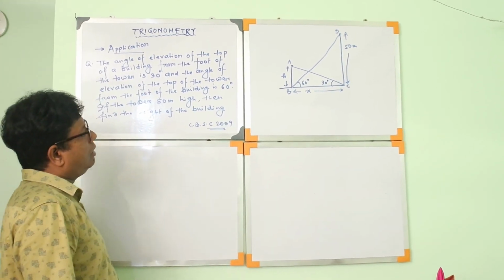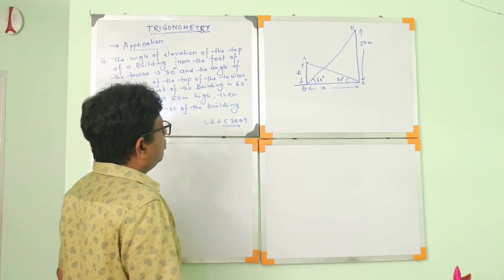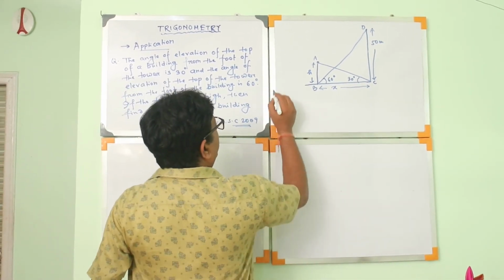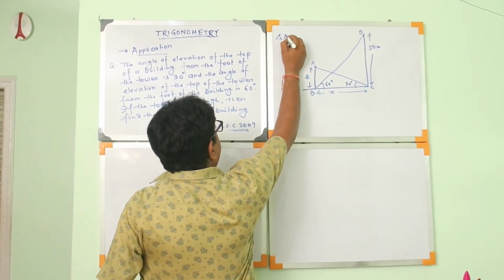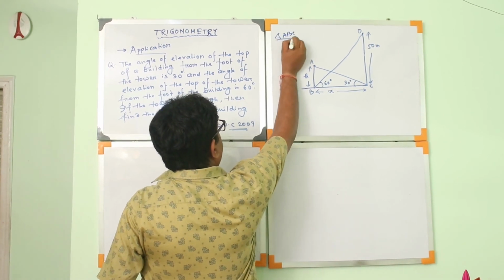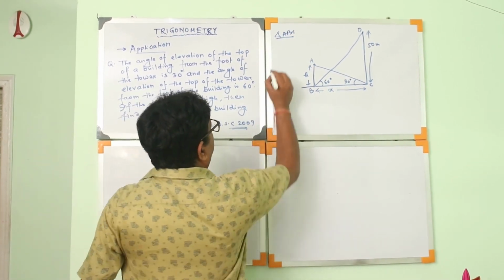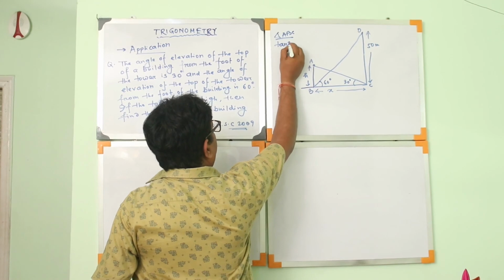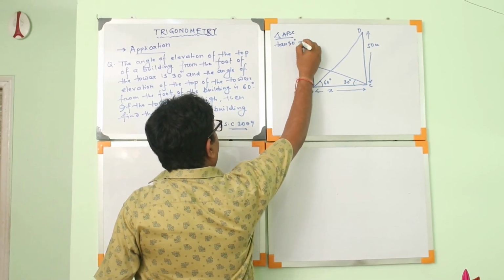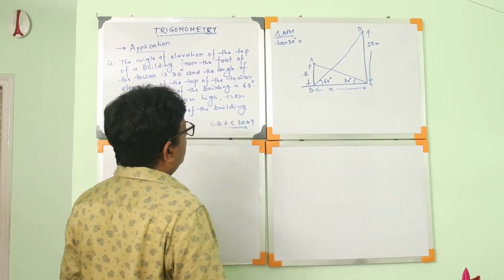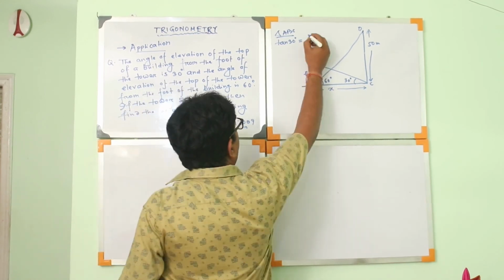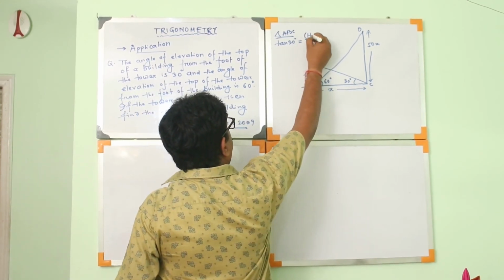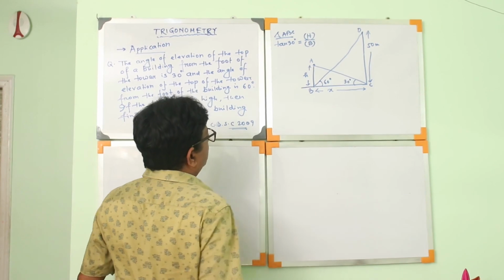ABC is a right angle triangle. So from triangle ABC, we can say tan 30, tan theta is equal to height by base.